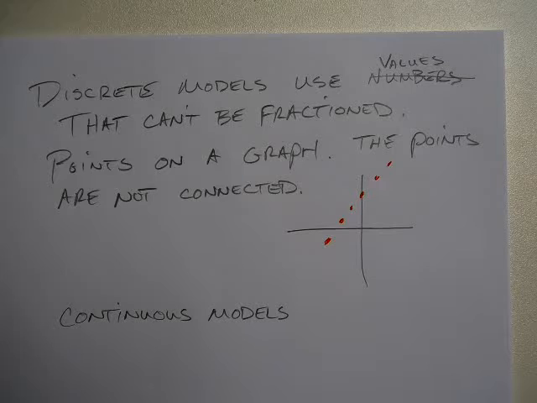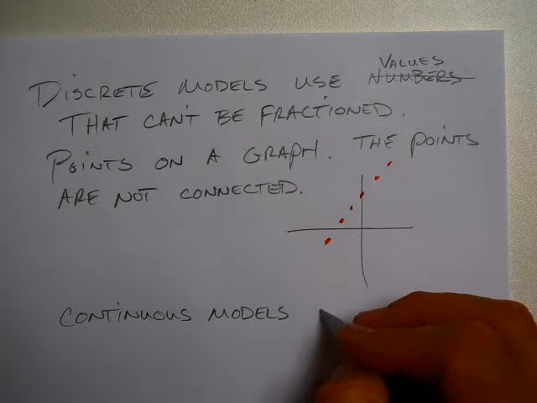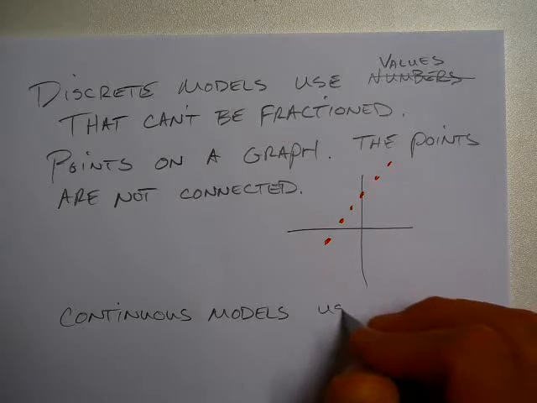You could, but you don't, right? You turn the faucet on, and it runs in continuously. So the height of the bathtub changes in a continuous linear model of some sort. It's probably not totally linear, but continuous models have values that can be fractioned.